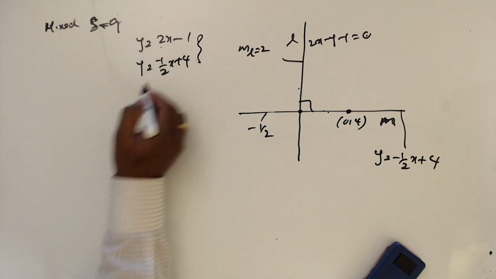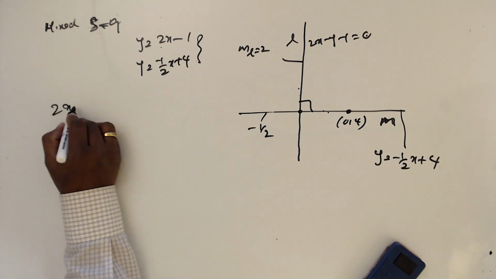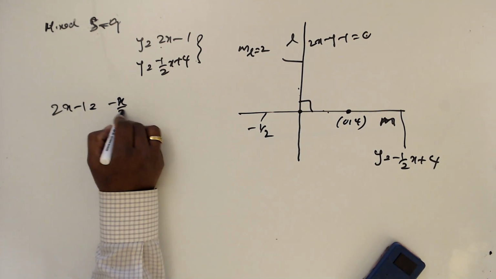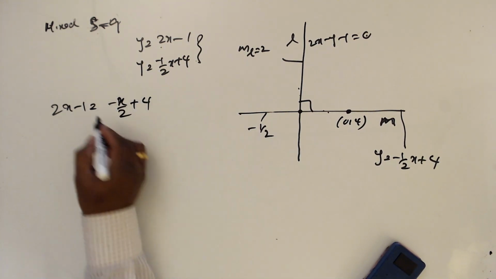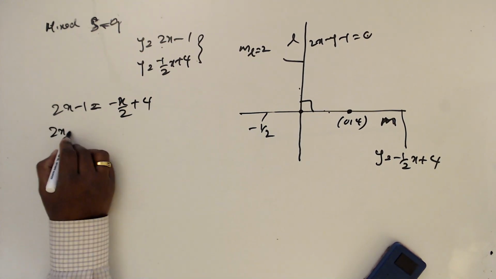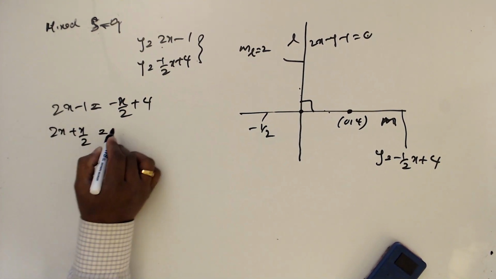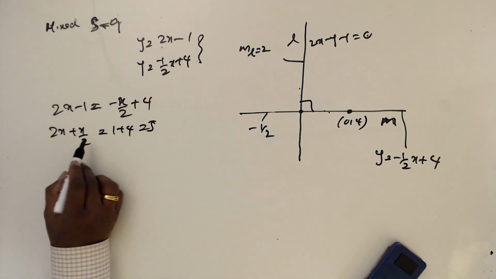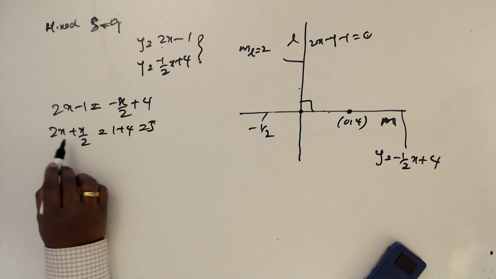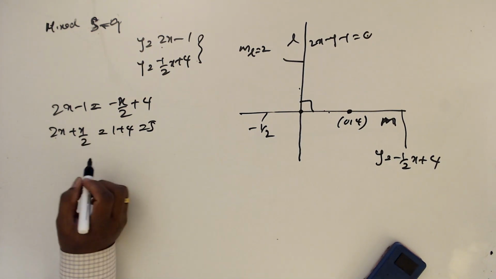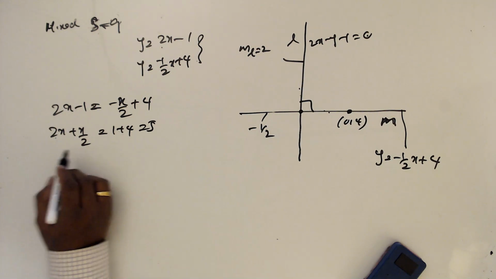I am going to make them equal: 2x minus 1 equals minus x over 2 plus 4. Then 2x plus x over 2 equals 1 plus 4, which is 5. This is 2 and a half x, 2.5.